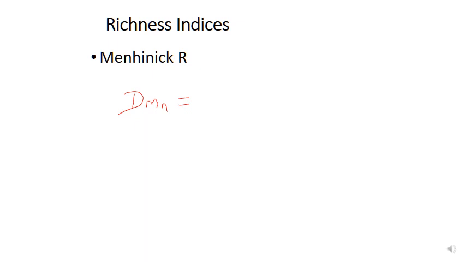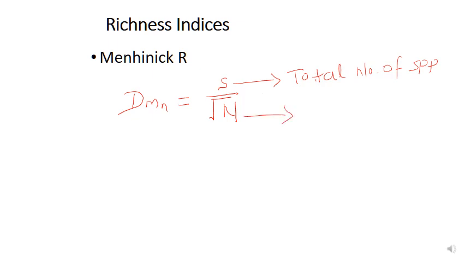It is equal to S divided by root N. So S represents total number of species, and N represents total number of individuals in a sample.